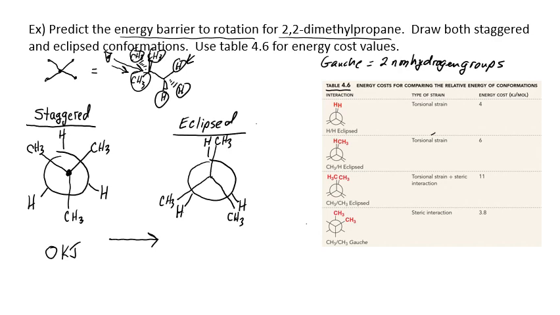Now let's look at our eclipsed conformation. We see that we have 1, 2, 3 eclipsing interactions. Let's try to define each of these and assign an energy cost. Our first eclipsing interaction at the top is a hydrogen and a methyl. So we come to our table and we see that the hydrogen methyl costs 6 kilojoules per mole. And we actually have 3 methyl hydrogens, so these are all 6 kilojoules per mole.